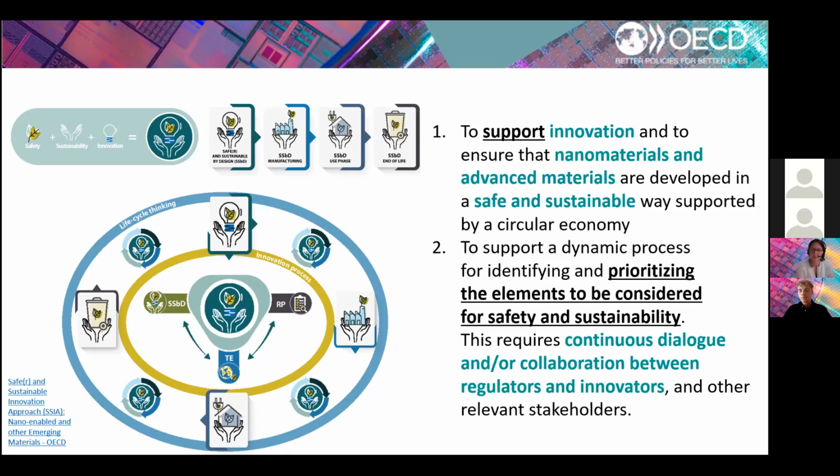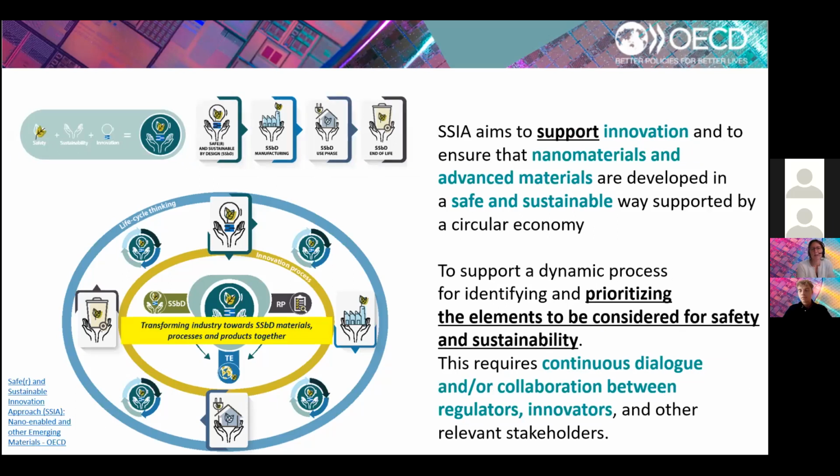So in that sense, trying to transform towards a situation where there are safer and sustainable materials, but also processes and products together. So this is the background to the SIA approach.